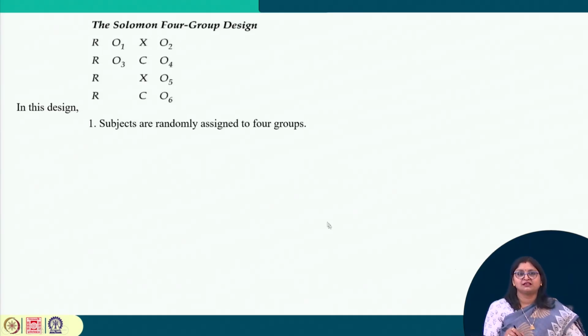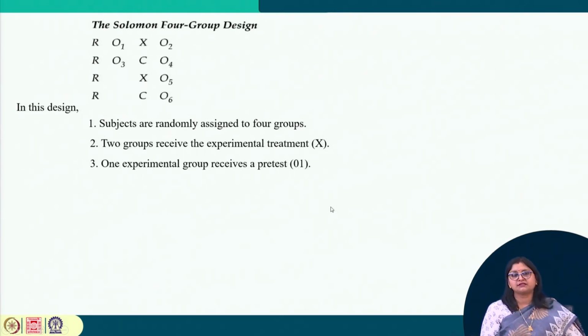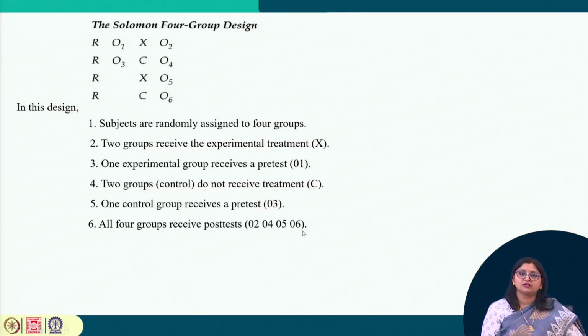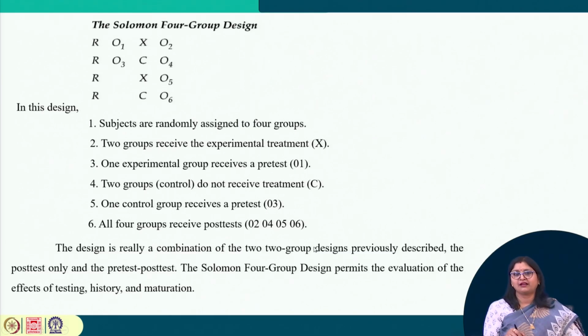This design is also given by Best and Kahn, and in their book they have mentioned that, first, the subjects are randomly assigned to four groups. Two groups receive the experimental treatment, one experimental group receives a pretest, two control groups do not receive treatment, and one control group receives a pretest O3, and all four groups receive a posttest, O2, O4, O5 and O6.